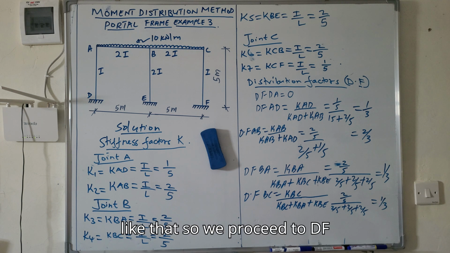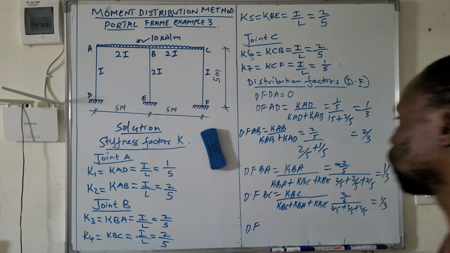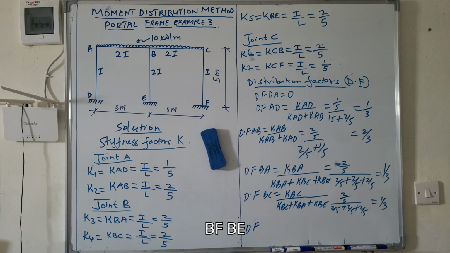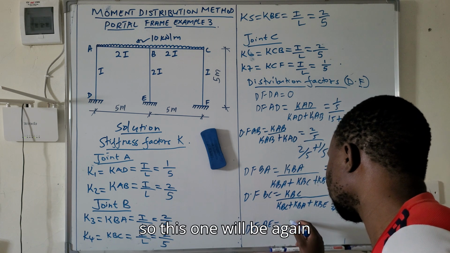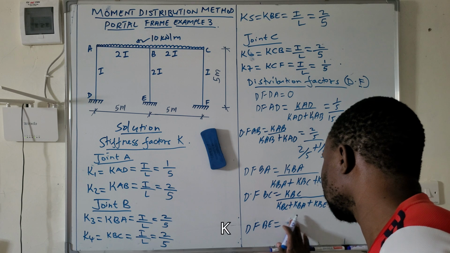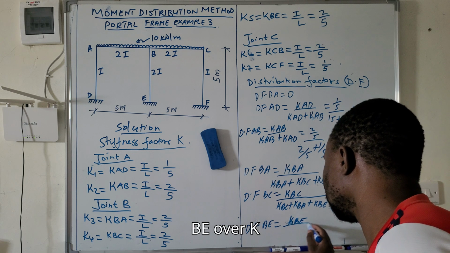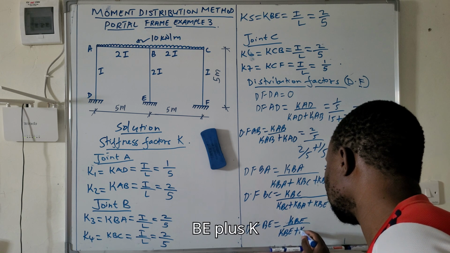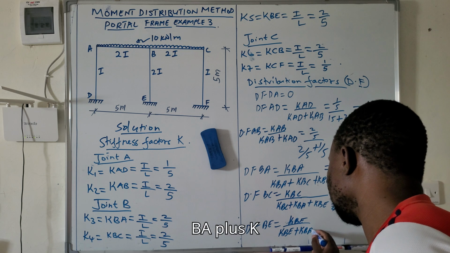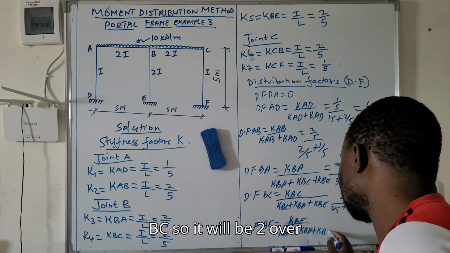So we proceed to BE. This one will be again KBE over KBE plus KBA plus KBC.